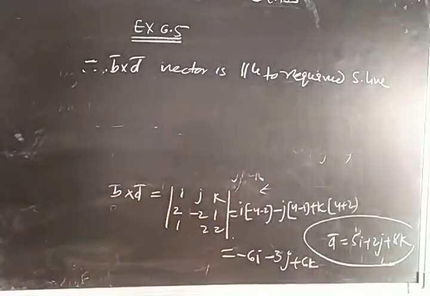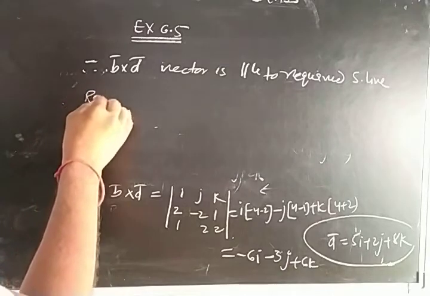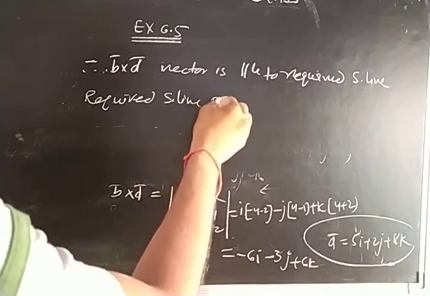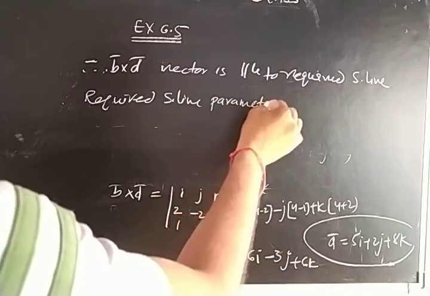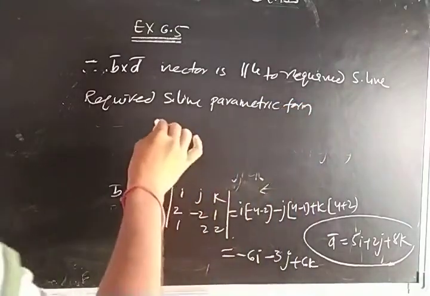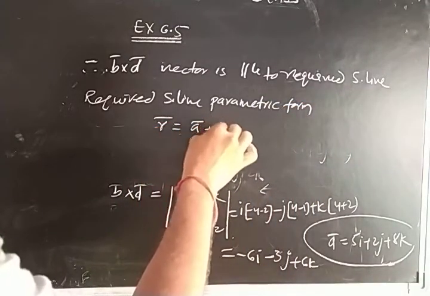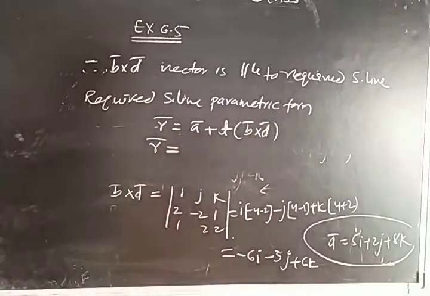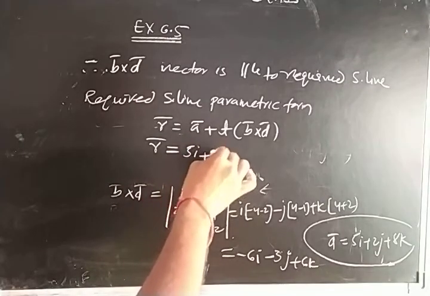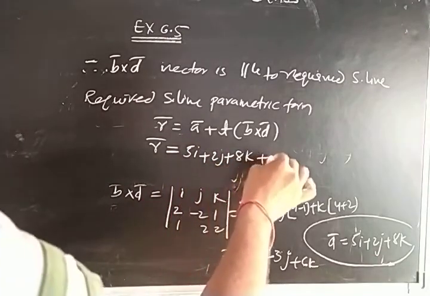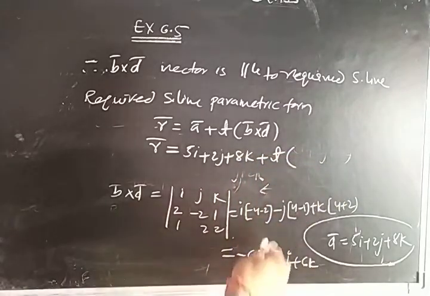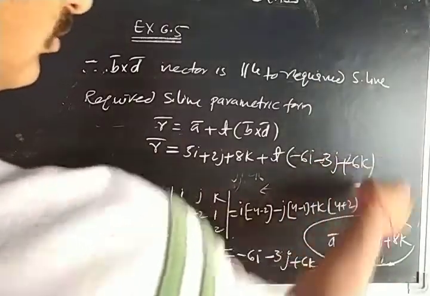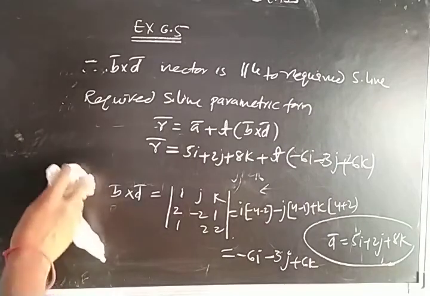The required straight line parametric form: r bar equal to a bar plus some scalar t into B cross D bar. This is parametric. r bar equal to a bar, 5i plus 2j plus 8k, plus t into B bar cross D bar, what we got, minus 6i minus 3j plus 6k. Okay, right. Now Cartesian form.